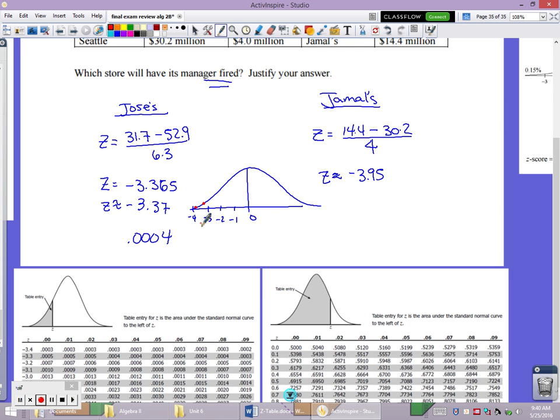So the store doing worse would be the one that's closer to -4. That would definitely be the store that's doing worse. It's further away from the mean. So it looks like Jamal's manager is going to get fired. Jamal's store will have the manager fired.